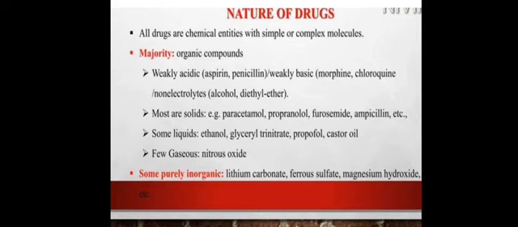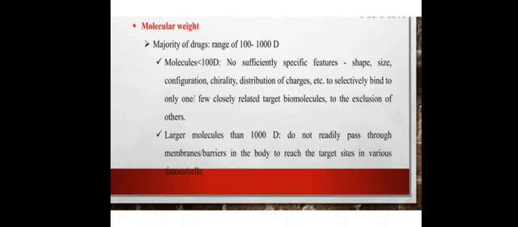Most are solids, for example paracetamol, propranolol, furosemide, ampicillin, etc. Some are liquids: ethanol, glyceryl trinitrate, propofol, castor oil; and few are gaseous, that is nitrous oxide. Some are purely inorganic: lithium carbonate, ferrous sulfate, magnesium hydroxide, etc. So these are the nature of drugs.